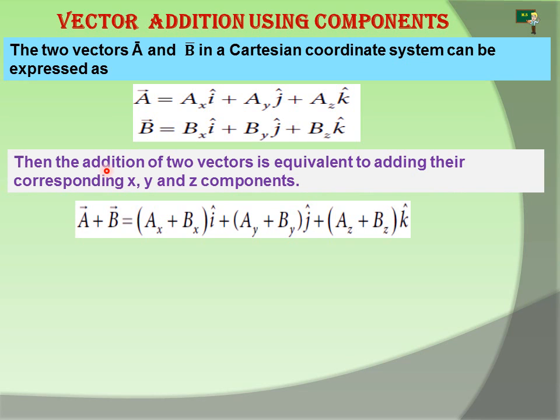The addition of two vectors is equivalent to adding their x, y and z components. Now A vector plus B vector is equal to (AX plus BX) i cap plus (AY plus BY) j cap plus (AZ plus BZ) k cap.